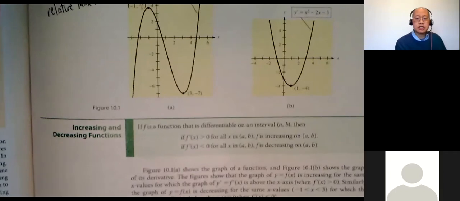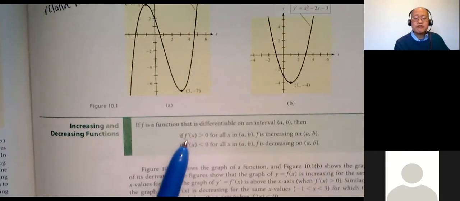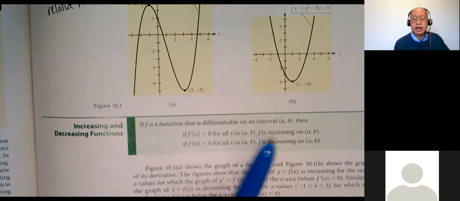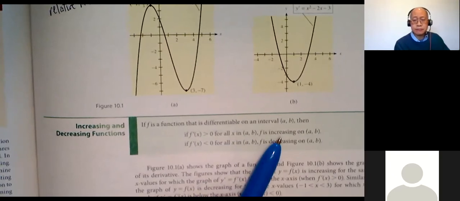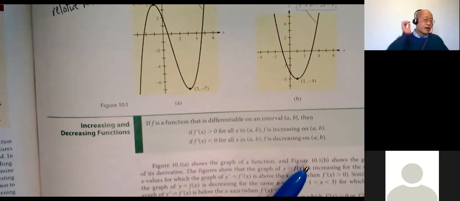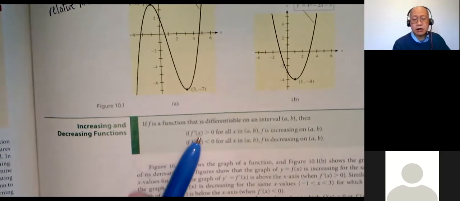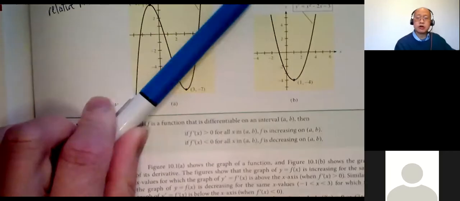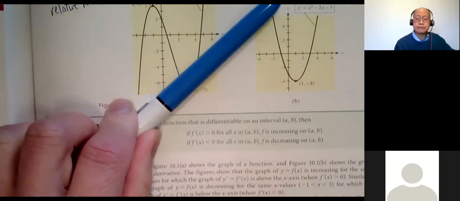So we have these rules, and you can put this on your next cheat sheet if you want. If f prime of x is greater than 0 for all x in (a, b), then f is increasing. Positive slope, f is increasing. Frankly, if we were meeting face to face, I'd make you memorize this, but it's really not that hard. Think of your algebra 1 class: positive slope, the graph is going like that, increasing.